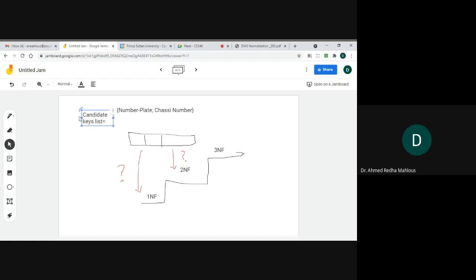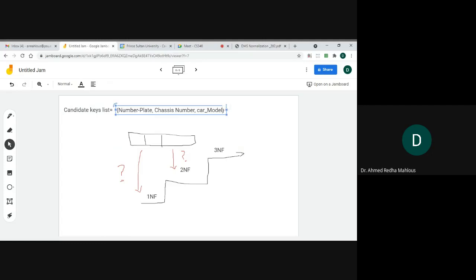If we pick up the example of a car relation, the candidate key list means all the attributes that can be considered as a primary key: chassis number and number plate. Now, if I am going to add something extra, what about car model?